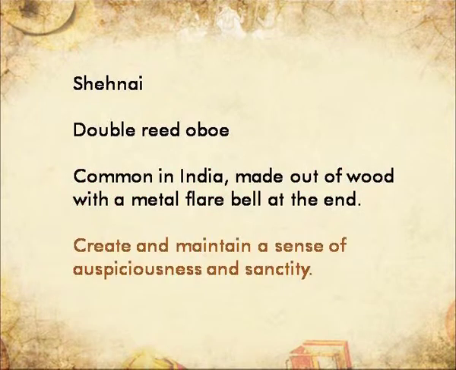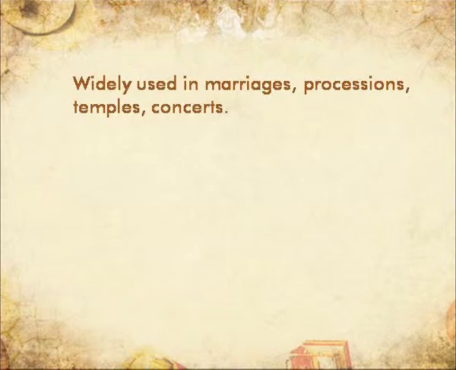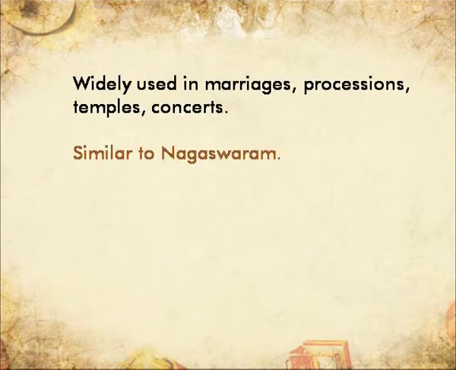Its sound is thought to create and maintain a sense of auspiciousness and sanctity, and as a result is widely used during marriages, processions and in temples, although it is also played in concerts. Shehnai is similar to South India's nagaswaram.